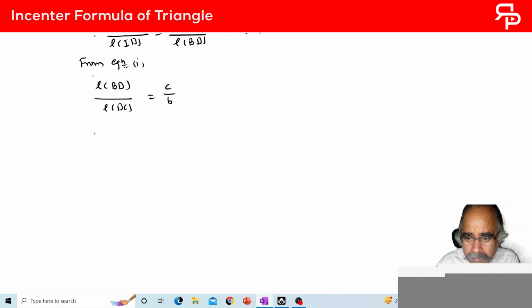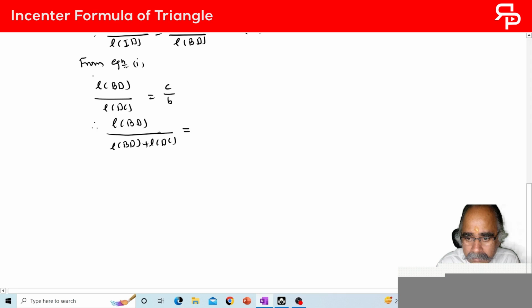So in algebra you have done the ratio and proportion topic. According to that, our aim is to find BD. So length BD divided by length BD plus length DC. Whatever you do on the left hand side of the ratio, the same thing you have to apply on the right side also.